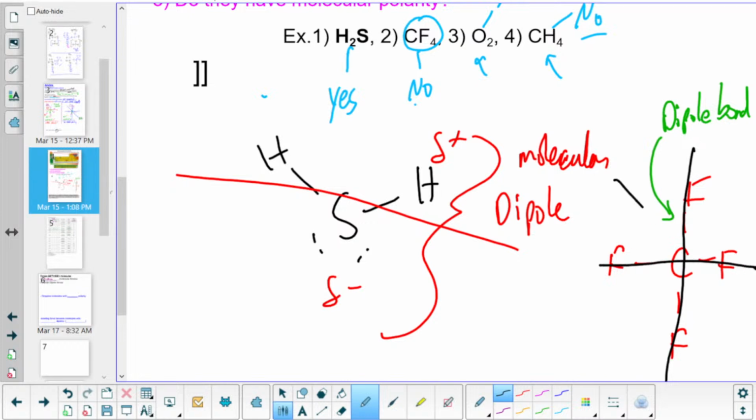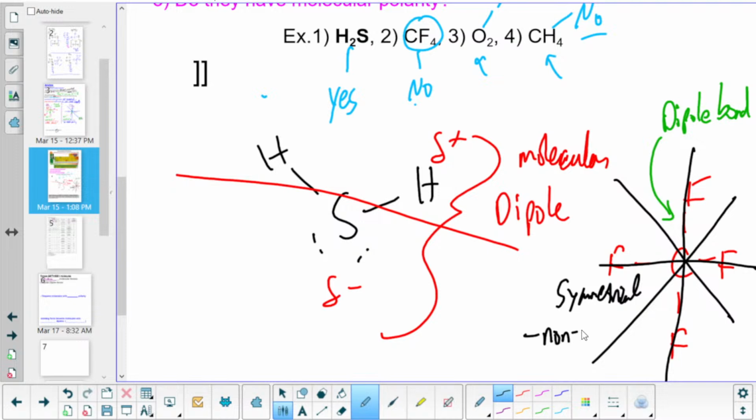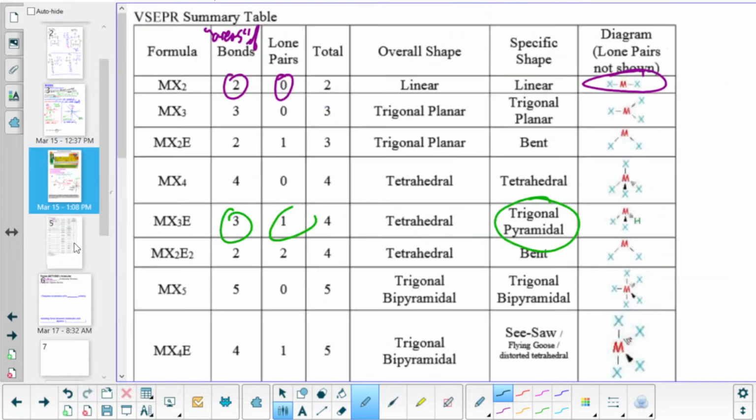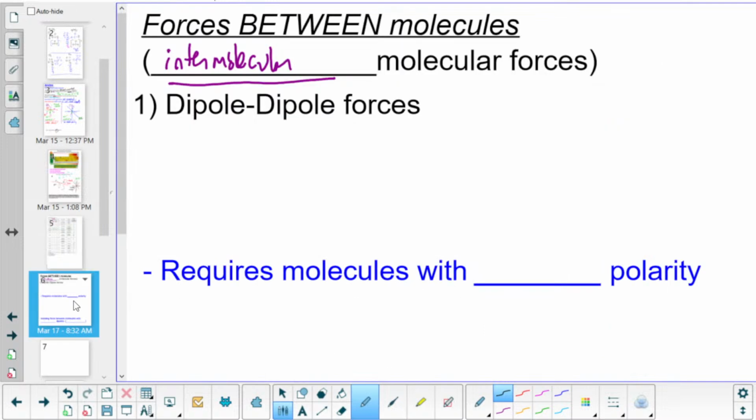It has symmetry. No matter how I slice it, I can't get a positive and negative. Symmetrical. So this is non-polar. Whereas this one is polar. Just as a review from last day, we were also looking up the actual structures with that. And now we're going to talk about these dipole forces and how they interact.